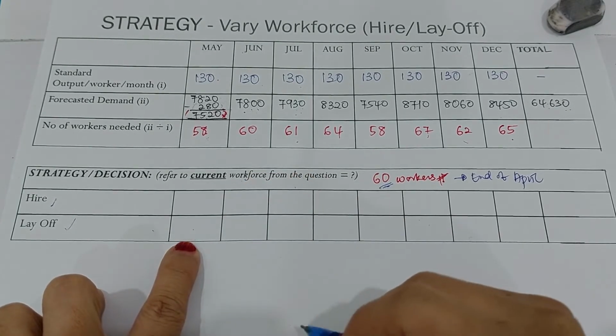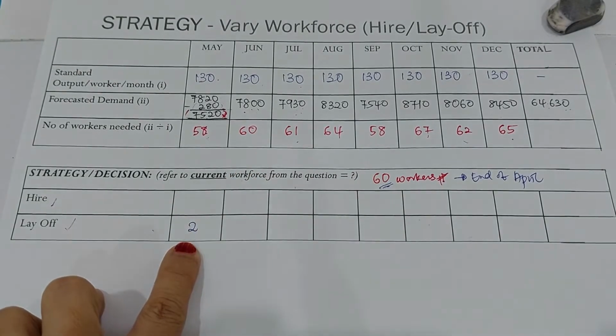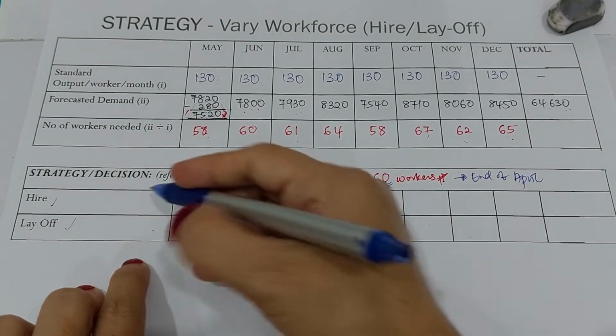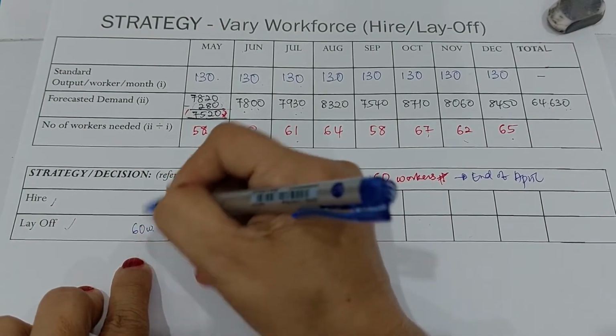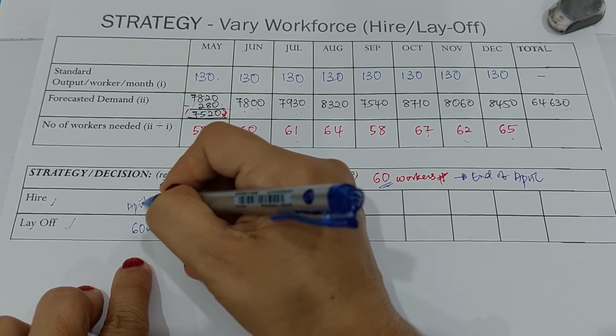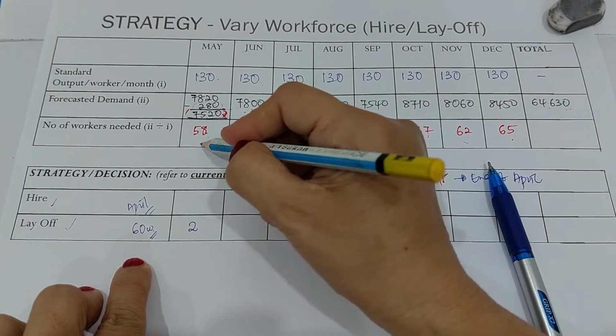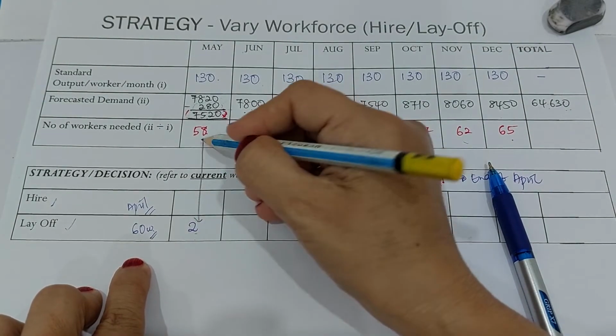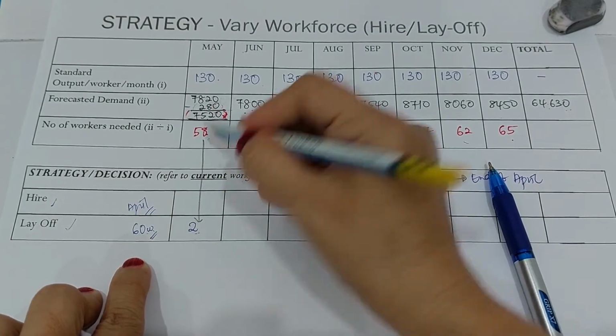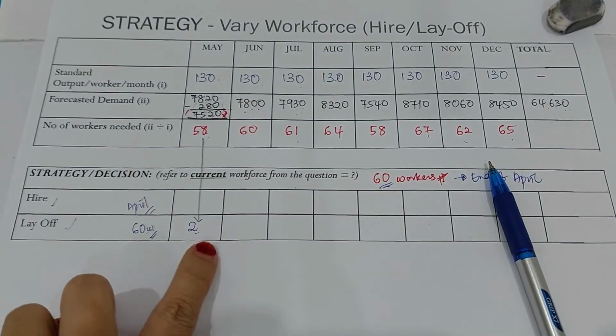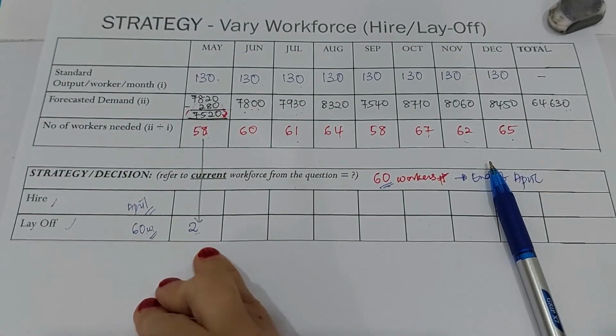How many workers to lay off? 2 workers. Why 2? Because now we have 60, in April, but we need 58. So we need to lay off 2. Then from 60 we minus off 2, we get 58. Okay, so that settles May.